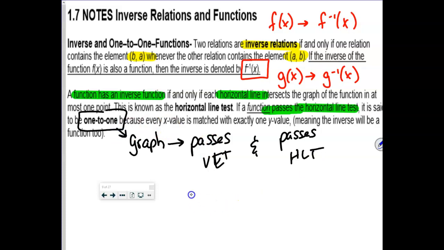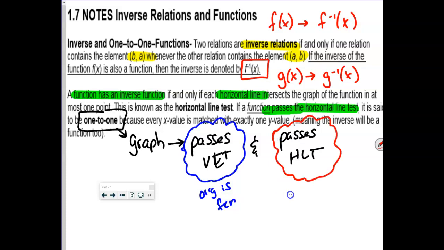Let's talk about what that all means though, guys. If your graph passes the vertical line test, you guys told me a minute ago that this means the original is a function. But what does it tell you if the original passes the horizontal line test? That means the inverse is a function.